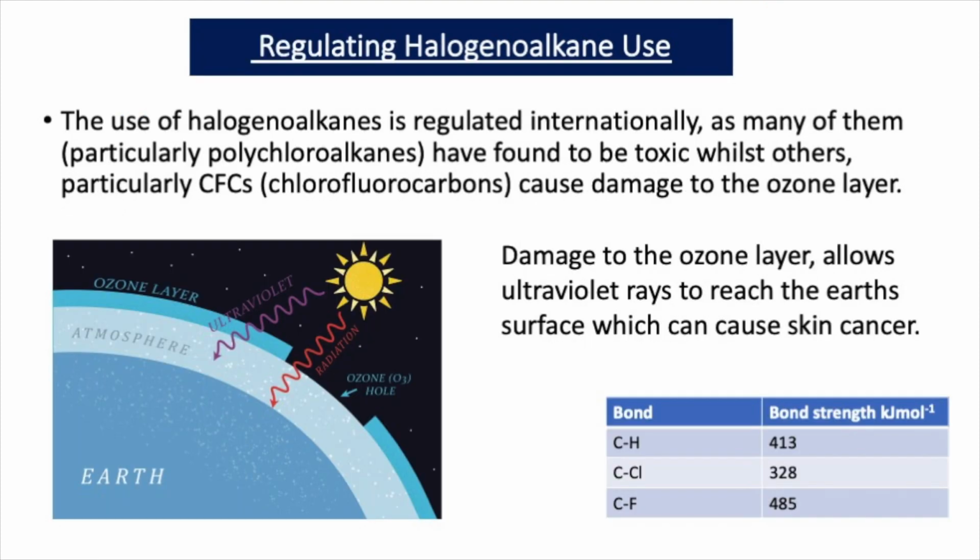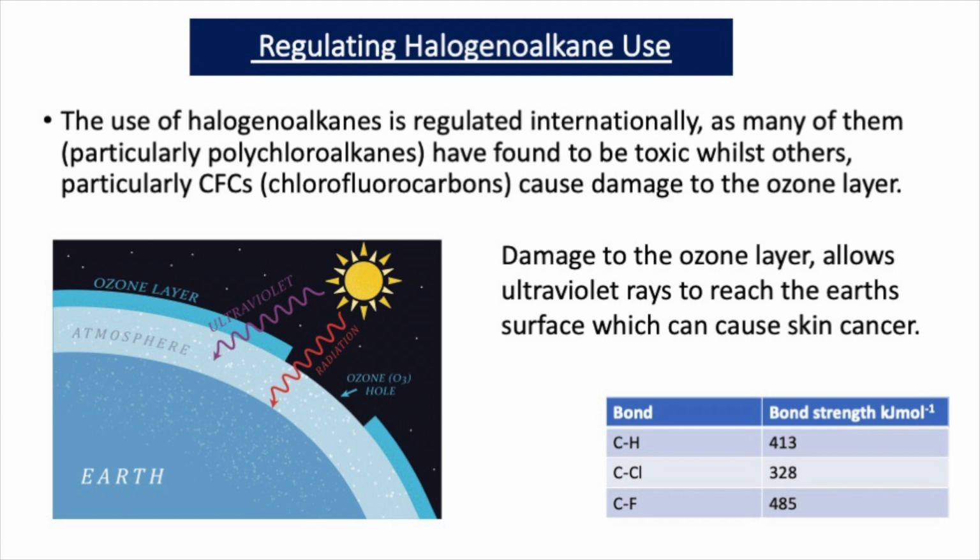Now, you also have to be aware that the use of halogenoalkanes is regulated internationally. This is because some halogenoalkanes have been found to be toxic, for example polychloroalkanes, but mainly because chlorofluorocarbons, CFCs, cause damage to the ozone layer.